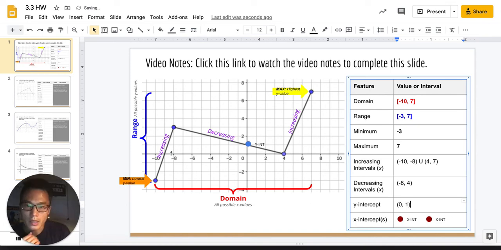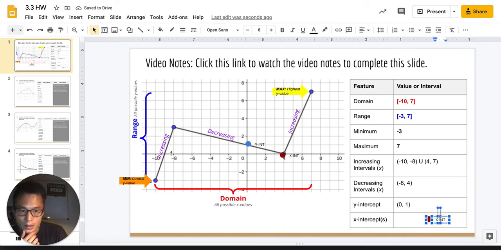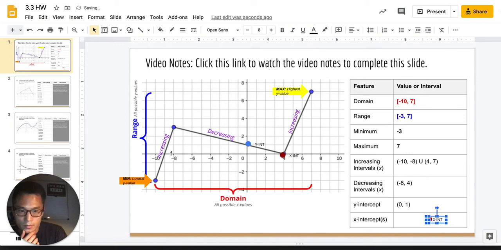And then the x-intercept is wherever the function touches the x-axis. And in this graph, we have two of them. One is right here, when the graph touches the x-axis, and another one is going to be further to the left.